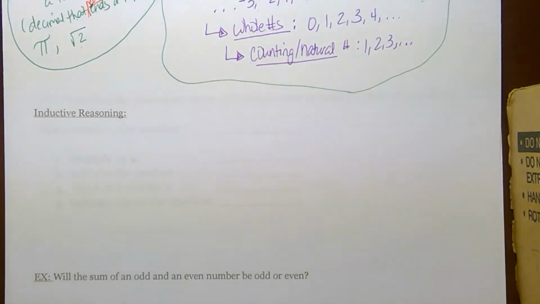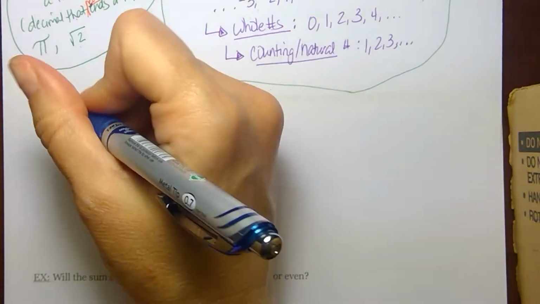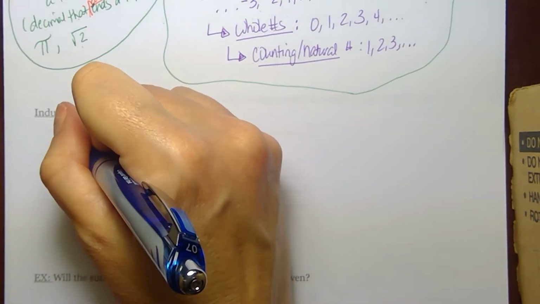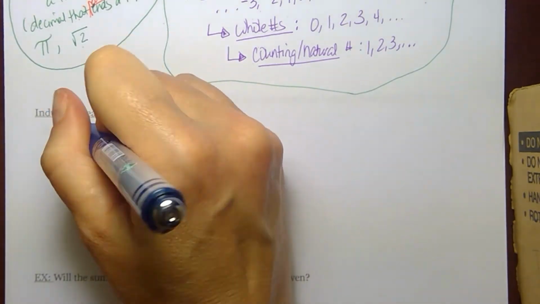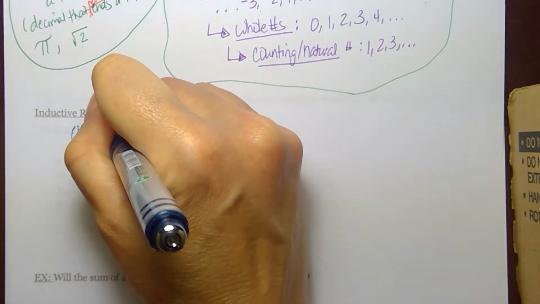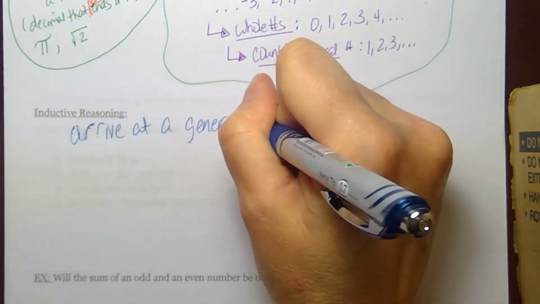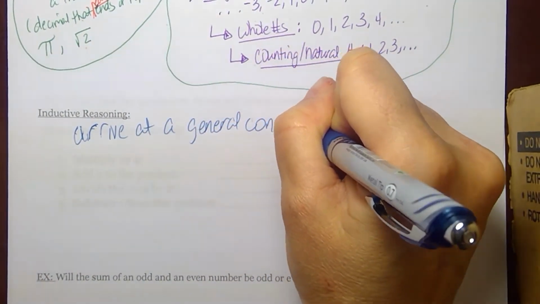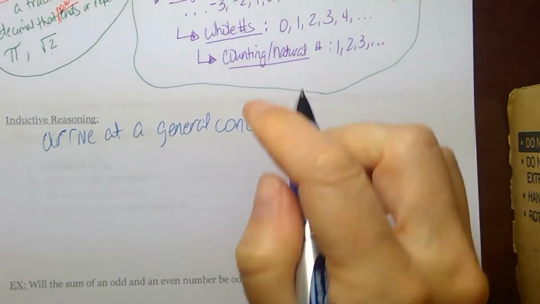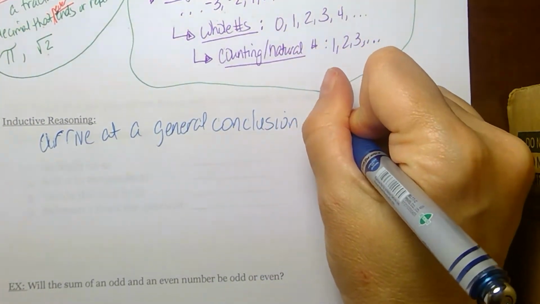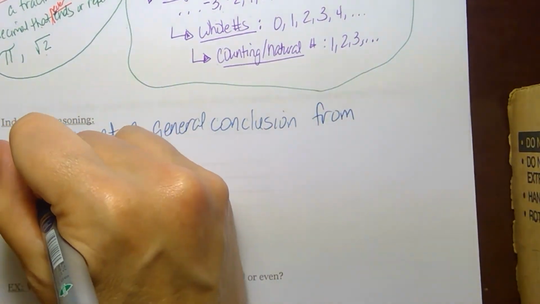We're going to focus on starting with inductive and deductive reasoning. Now, inductive reasoning is when I arrive at a general conclusion from specific examples or observations.